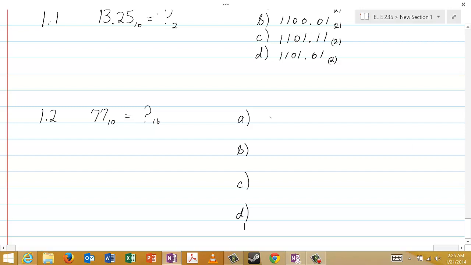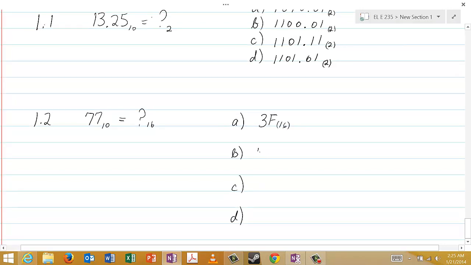Is the correct answer 3F base 16, or 4D base 16, or 21 base 16, or 37 base 16?